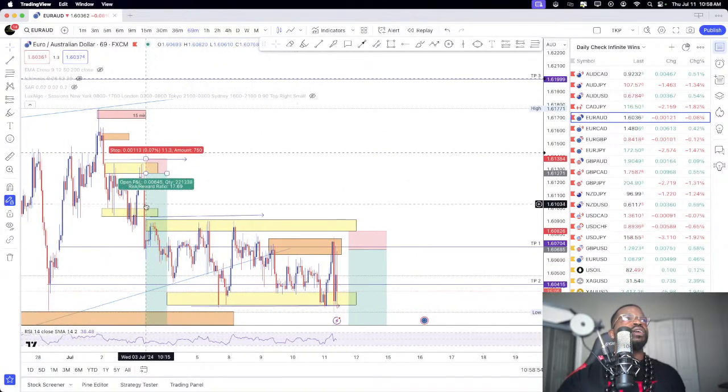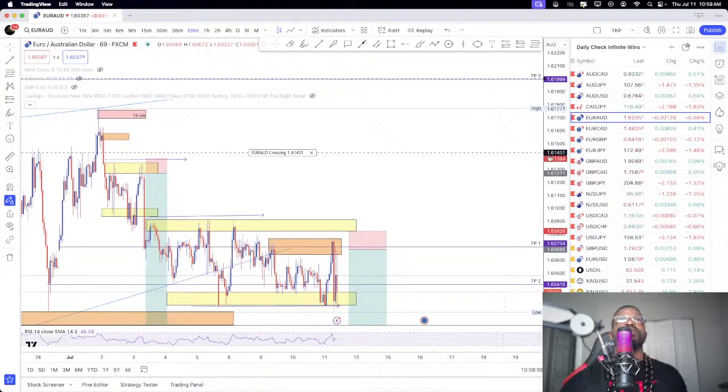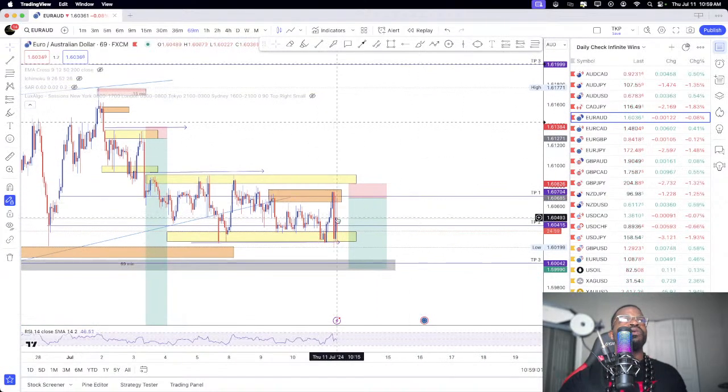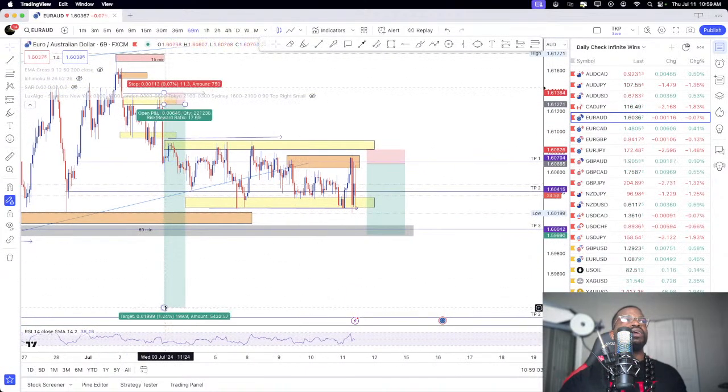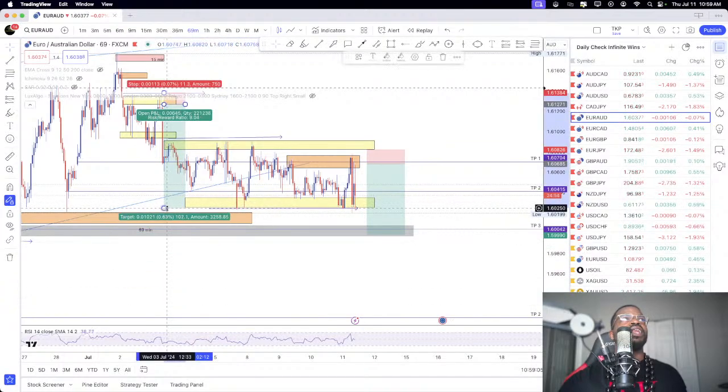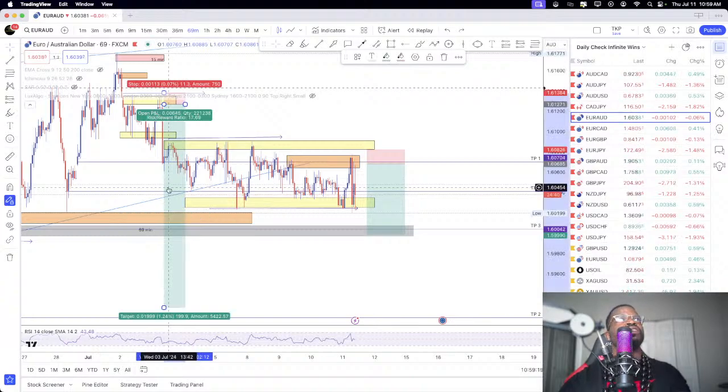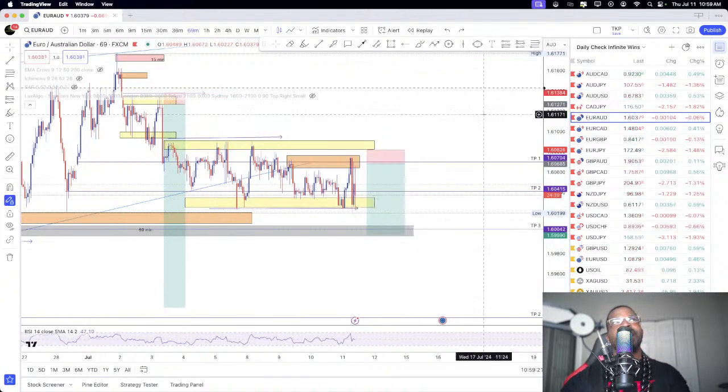So for this trade setup, this is a 1-17. At this point where we are right now, let me show you where we are. Right now, I'm up already on my investment 1-9. So if you put up $100, you're already at $900, and this thing hasn't even hit TP2 yet. So this is the true beauty and power of the market.